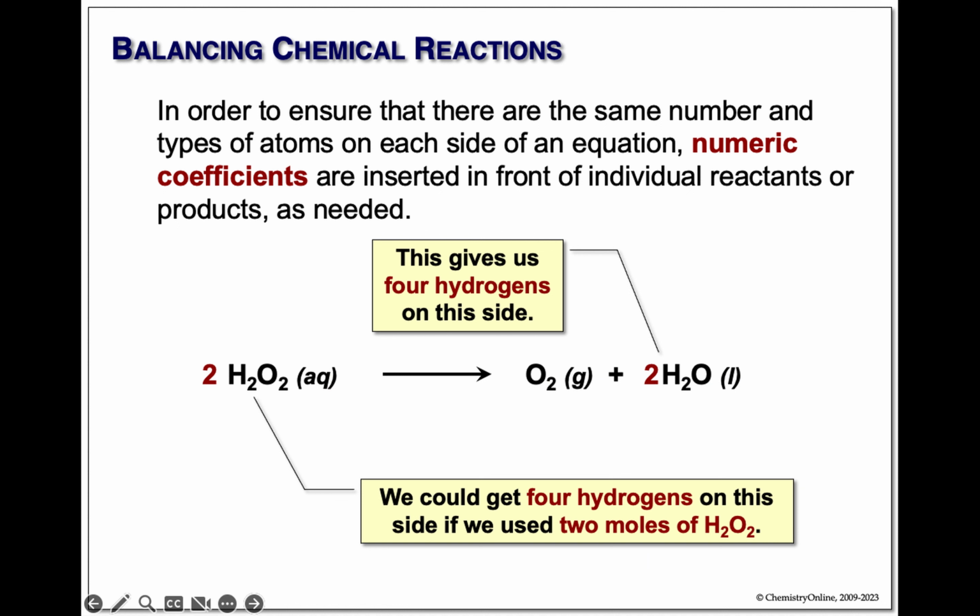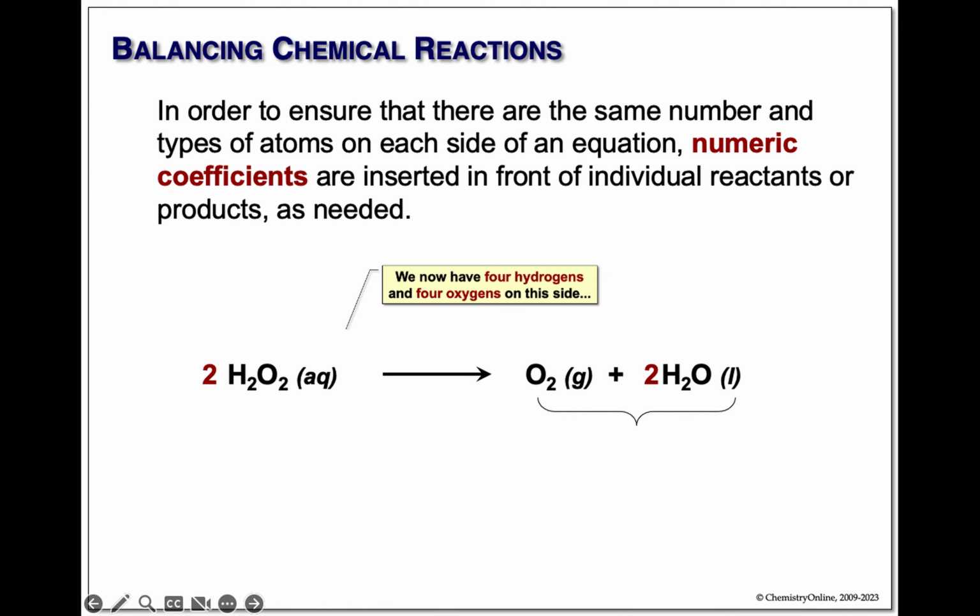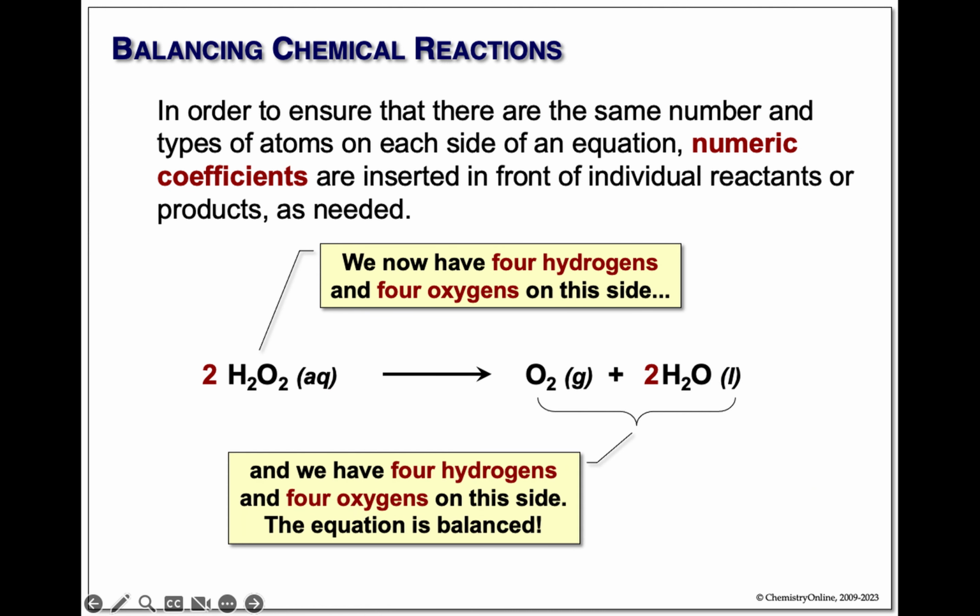If we double the hydrogen peroxide, we now have 4 hydrogens, 4 hydrogens. 4 oxygens, 1, 2, 3, 4 oxygens. Equation is now balanced. That's all there is to it. Are there any questions?